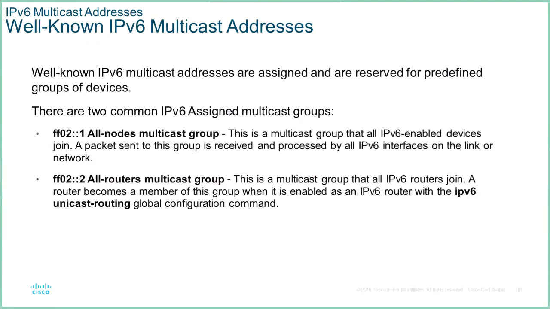That's equivalent to, if you like, a broadcast address. And FF02 colon 2, the all routers multicast group. So all the routers that are running IPv6 will join this multicast address, if IPv6 unicast routing is enabled.